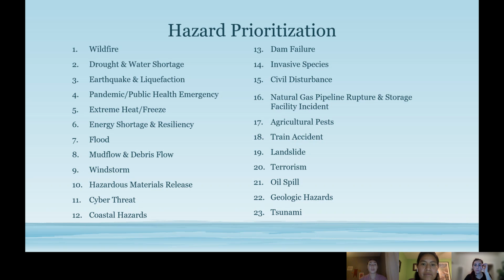For example, this might include hailstorm, tornado, hurricane, things like that. So the city is in the process of prioritizing these hazards based on how they might affect the city in particular rather than the entire county. And the city would also like to gain the public's input on ranking these hazards if possible.